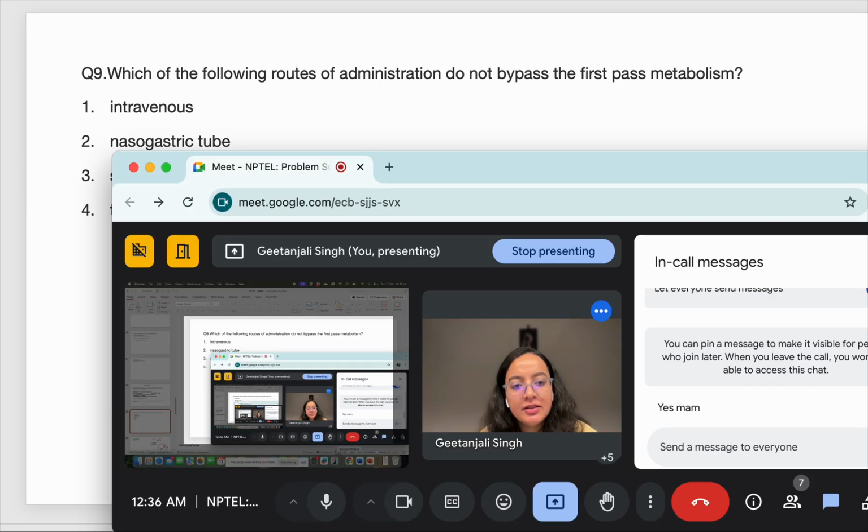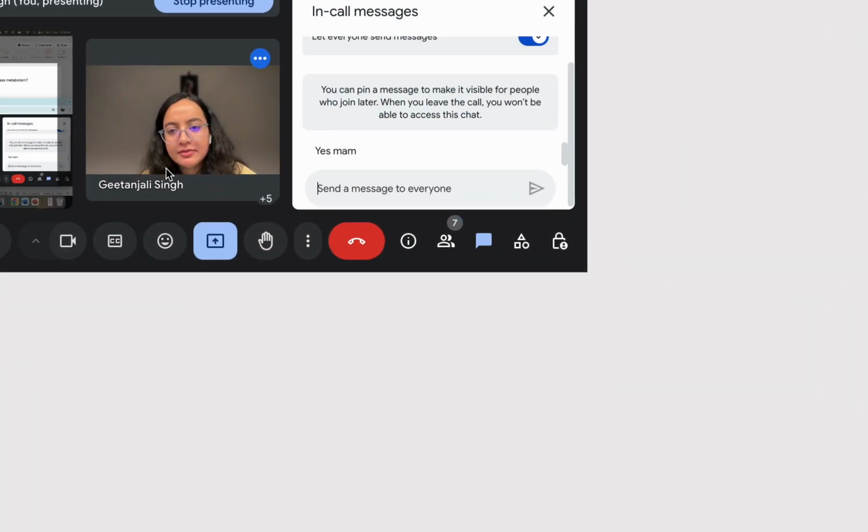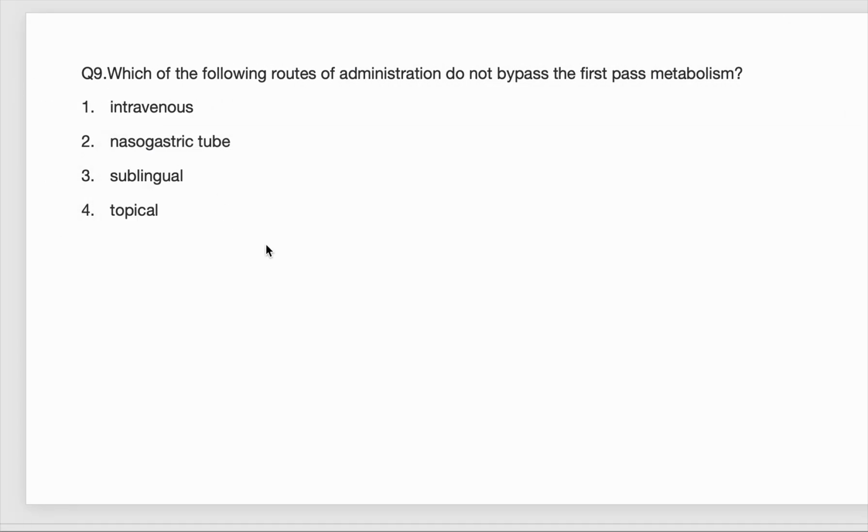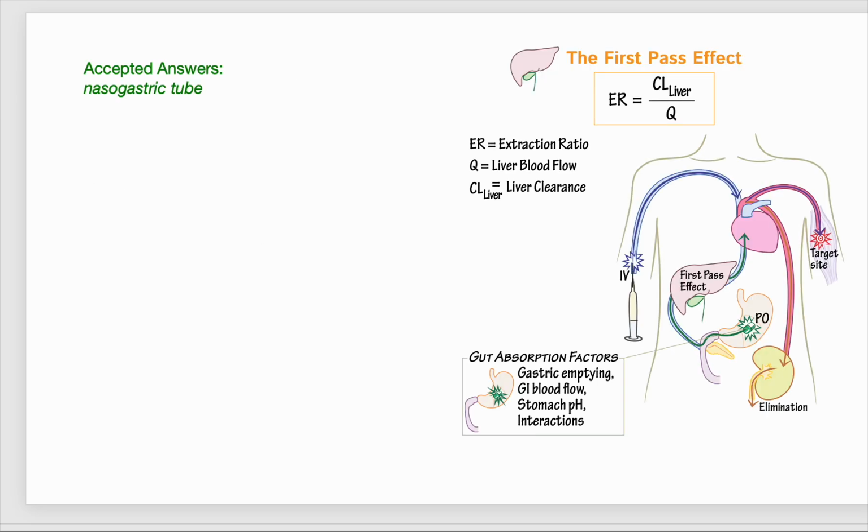Anyone? So the correct answer is nasogastric tube.